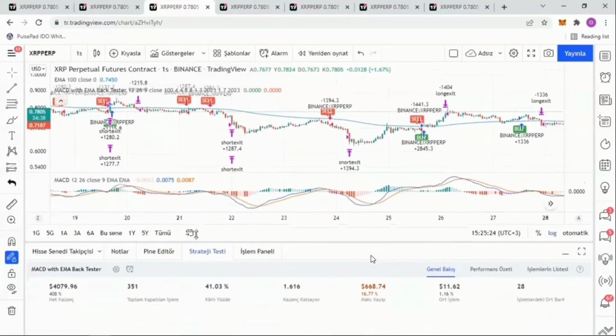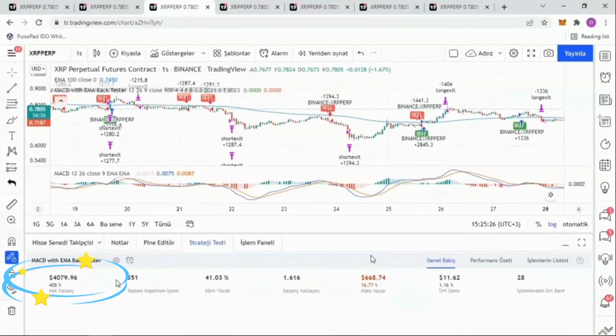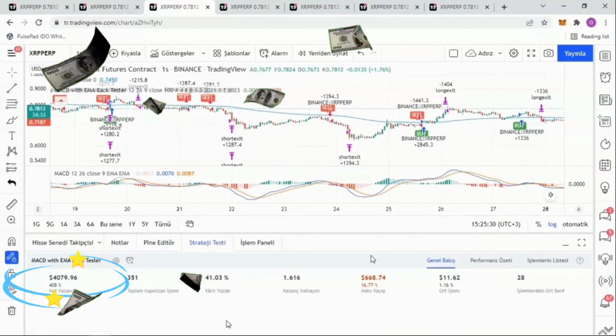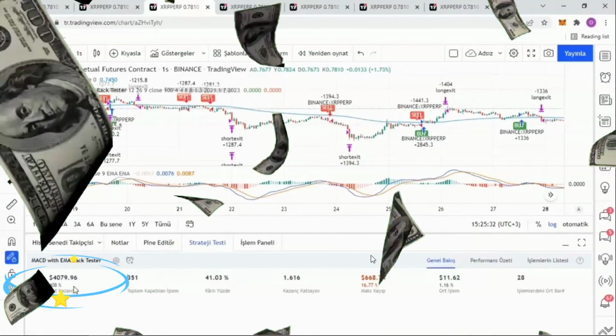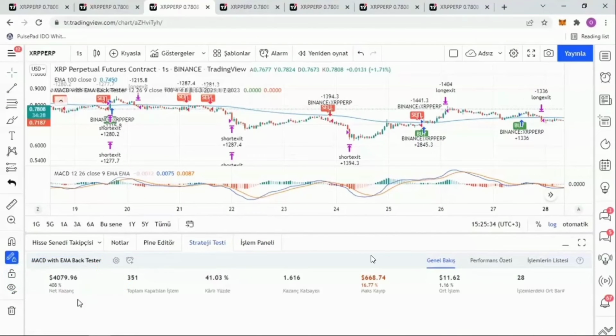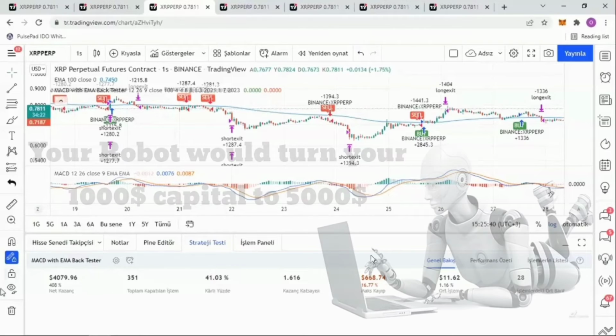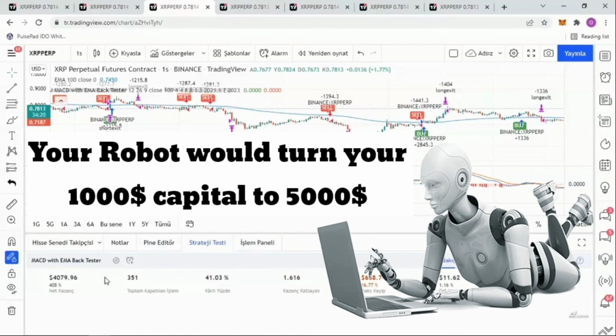Okay, as you can see, within a year, it caught 351 positions, 41% success rate, and an incredible 408% net profit. You started a robot with a $1,000 capital, and now you have $5,000 in your account.